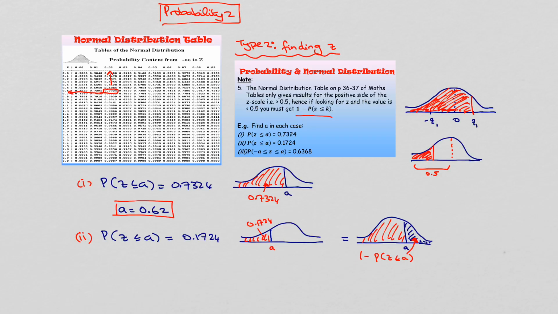Okay, so therefore, if I go 1 minus 0.1724, which is the probability, then that will give me a value of 0.8276. And now if I go to my tables, let me rub out the last one. Well, now I can see, well, my tables start, remember, at 0.5. Okay, hence I couldn't find 0.1724 on them. So now I can see where is 0.8276.